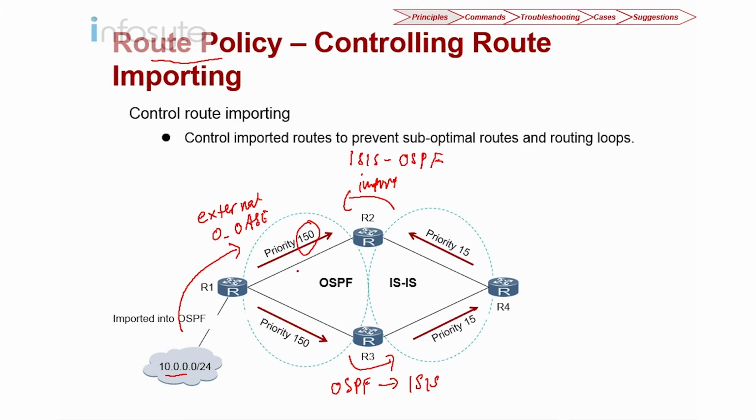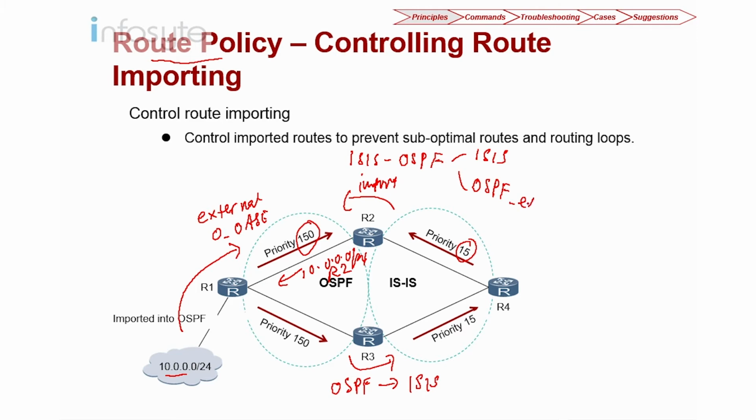And R1 now receives both routes, one from the original 10 network, another one, 10.0.0.0/24, from R2. So the problem here is that R2 received the route from ISIS, which has a preference of 15, and another one with 150.